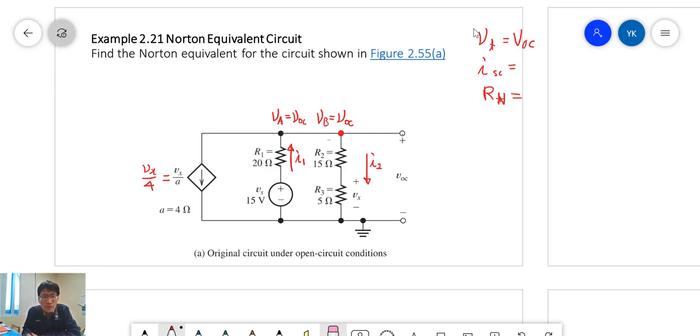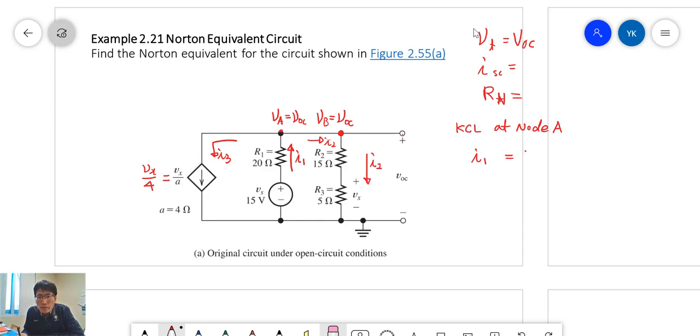The other one is this direction, I3. Again, this one is still I2 passing through it. So now at node A, we write the KCL equation.